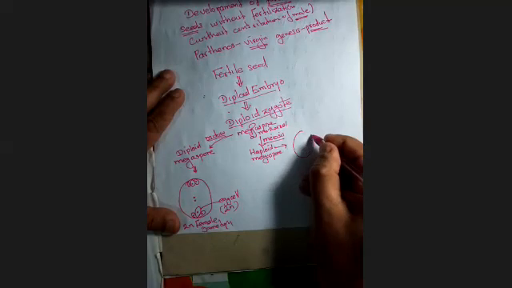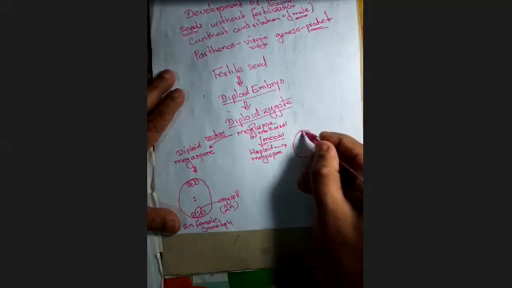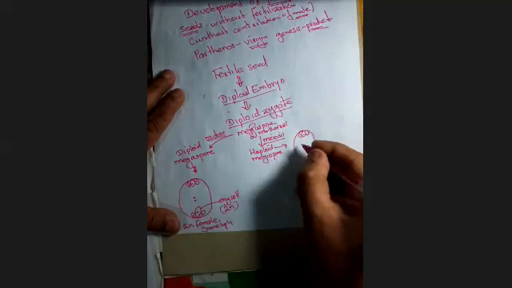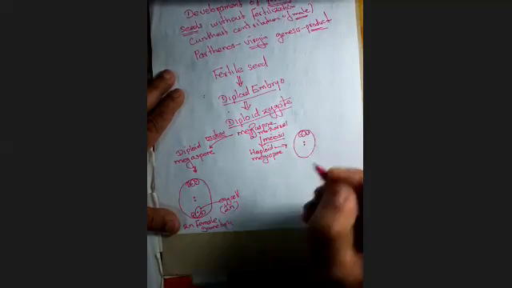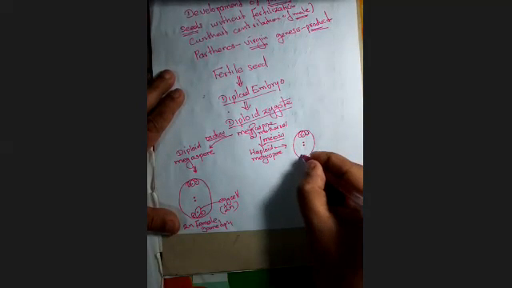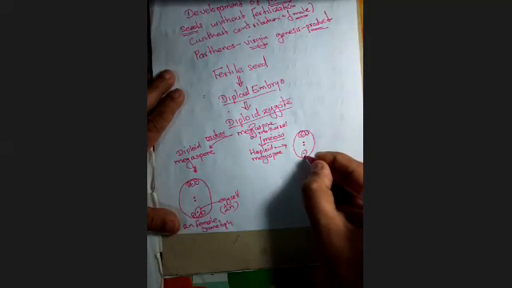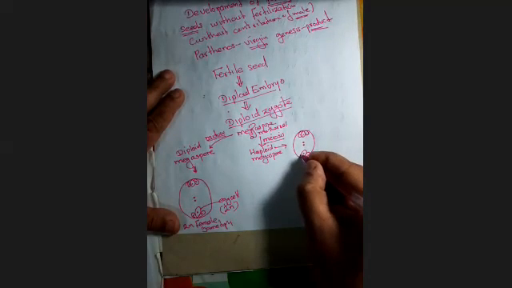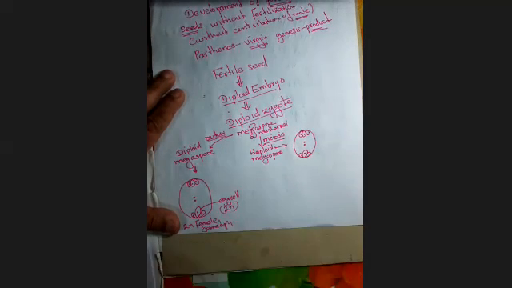So here in the female gametophyte, antipodal cells are haploid, polar nuclei are haploid, egg cell is haploid, synergid cells are haploid. Now it is totally haploid.